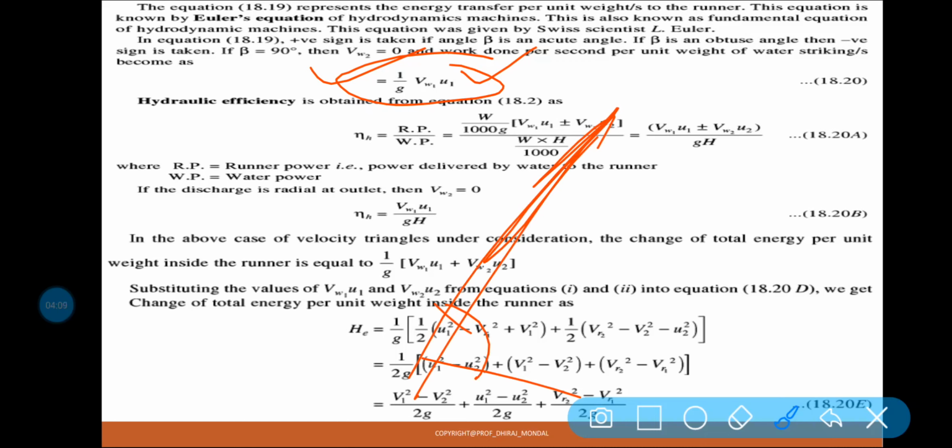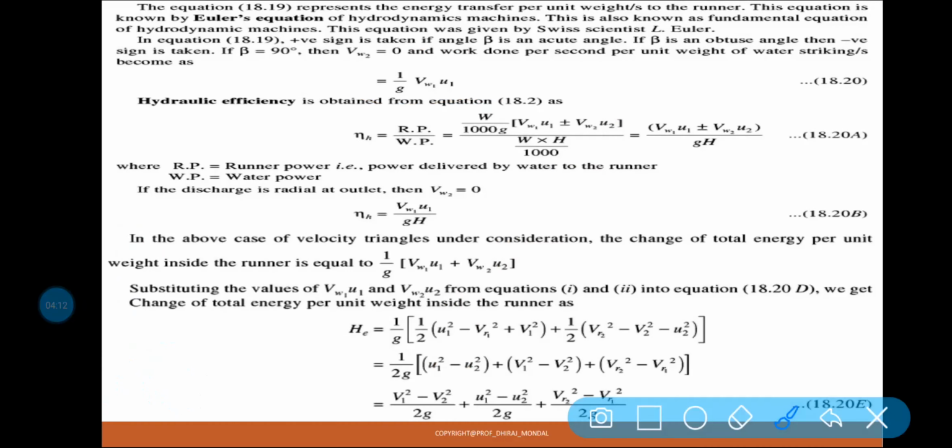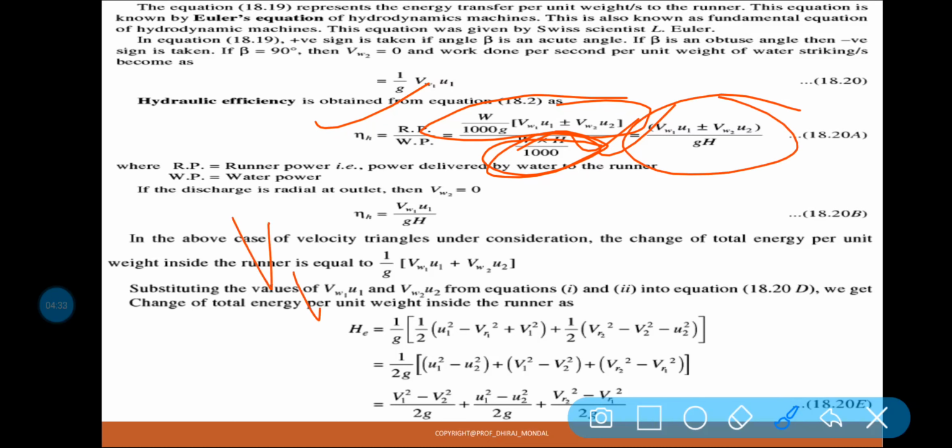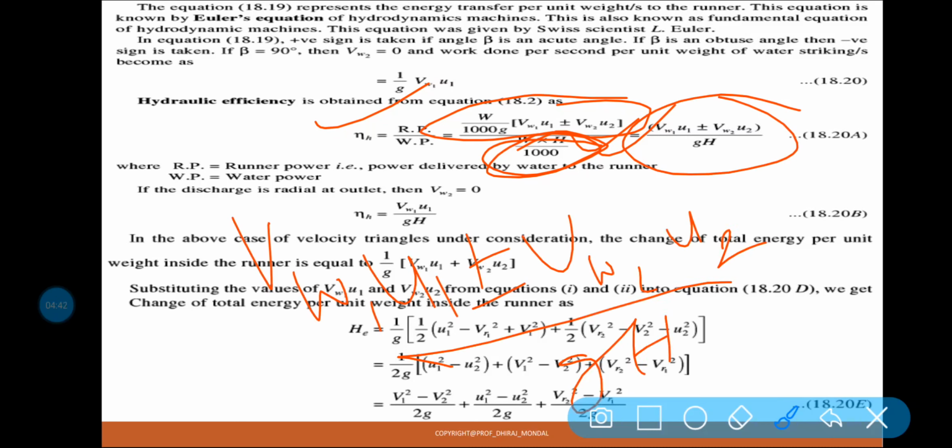If I want to calculate the hydraulic efficiency, it is the runner power divided by the water power. The runner power is what we have calculated per unit weight, and the water power is the water weight times the head. So ultimately the equation becomes (Vw1 U1 plus or minus Vw2 U2) by gH, where H is the net head.